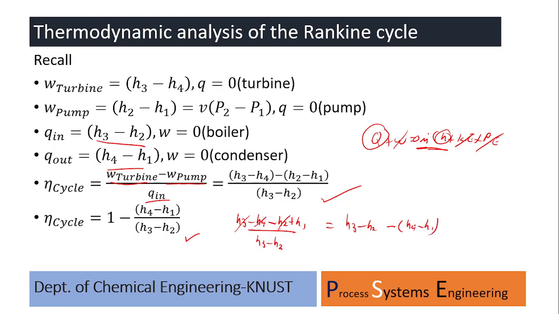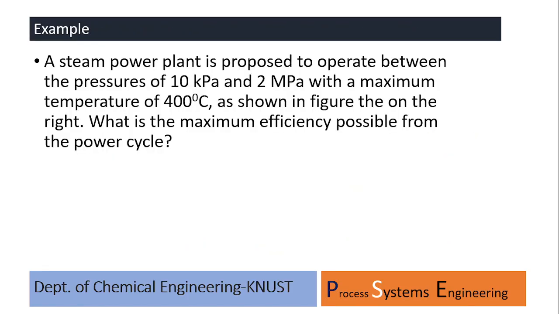So the minus will cater for the negative in front here and then place a negative here, all over H3 minus H2. If we simplify this, we end up with this expression, right? So we have a number of expressions we can use for our calculations.